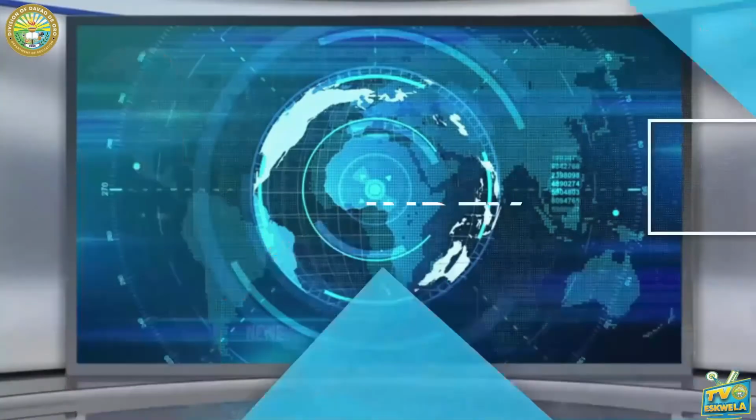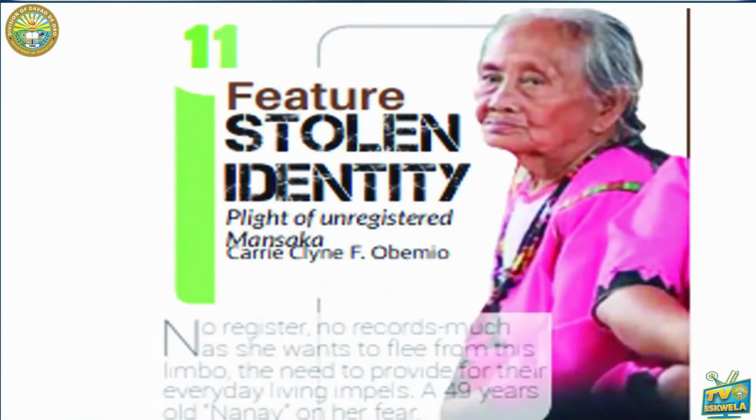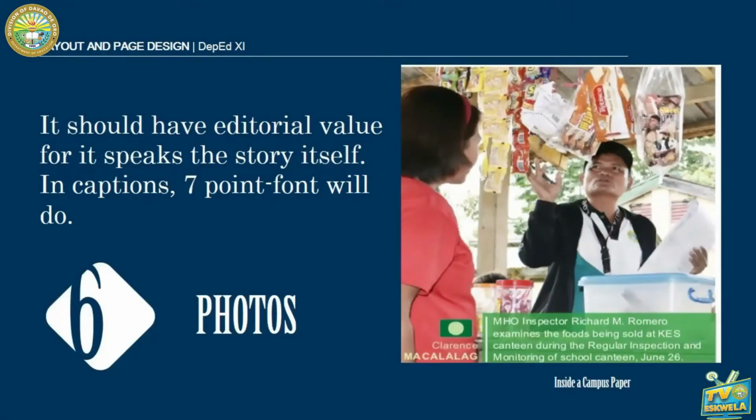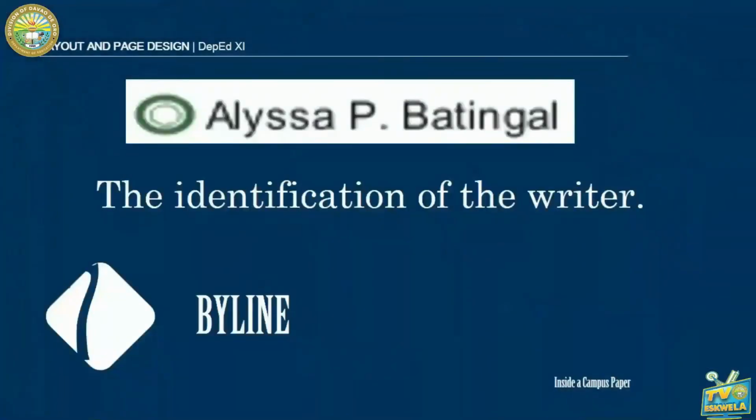Next is the index. Index serves as the overview of the paper, and it's also known as page insider. For the photos, they should have editorial value, for they speak the story itself. Byline, it is the identification of the writer.